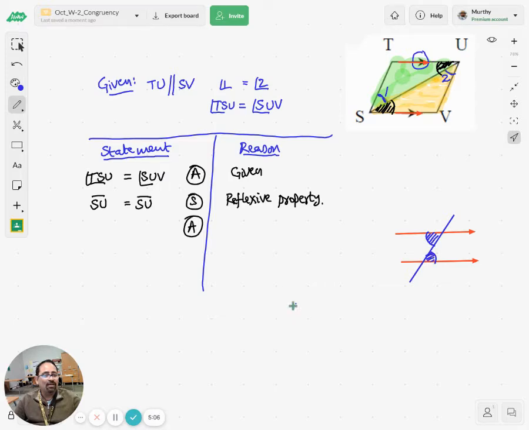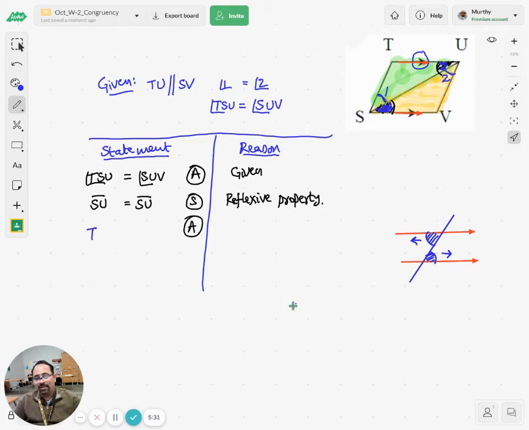Think for a while. Yes, these two angles are equal, facing the opposite direction, and they are on either side of the transversal. So these two angles are equal.